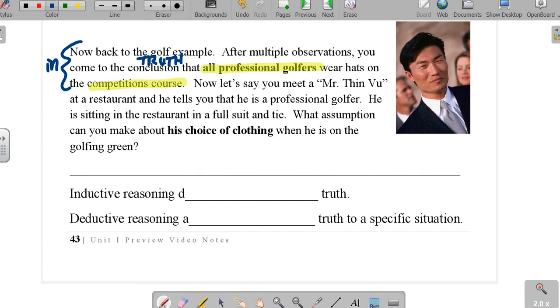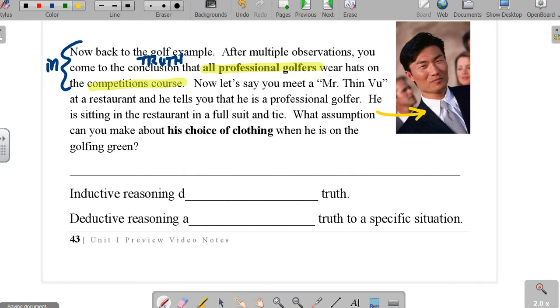Now let's say you meet a Mr. Tin Vu at a restaurant, and he tells you he's a professional golfer. You're at a fancy restaurant, so the guy's in a suit and a tie. He's sitting in the restaurant in a full suit and a tie.